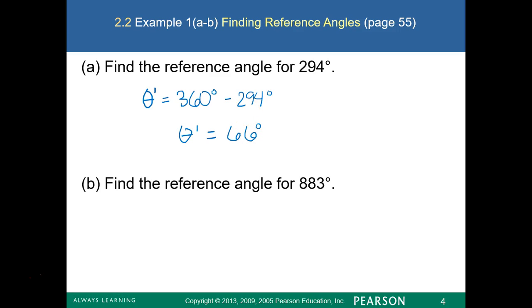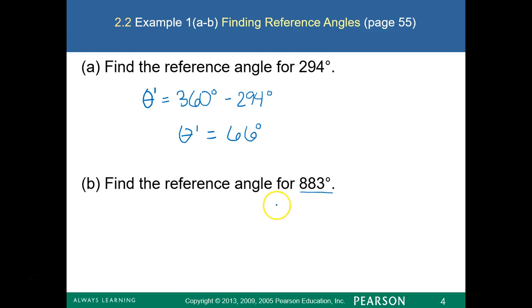All right, so next it has us find the reference angle for 883 degrees. Well, this is something much bigger than 360. So to find the reference angle for something that is bigger than 360, let's find its coterminal angle first.